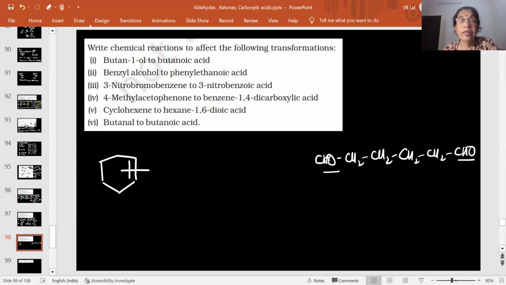So this cyclohexene, if I do ozonolysis, where will it break? At the double bond. So what will I get with O3, H2O and H+?